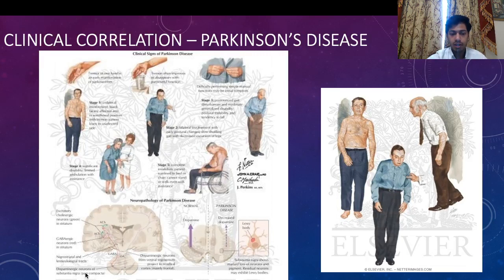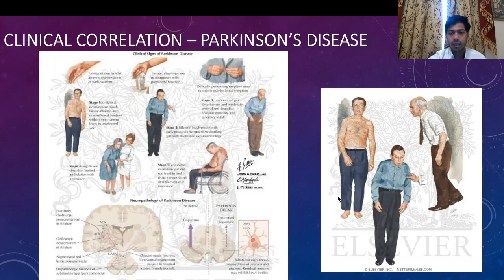dopaminergic neurons of the substantia nigra, and if there's a depletion of these dopamine neurons, then we can start having symptoms of Parkinson's, which could be a tremor, it could be rigidity, and then it could be all kinds of ataxia, which is not being able to balance and coordinate your movements, and also posture.